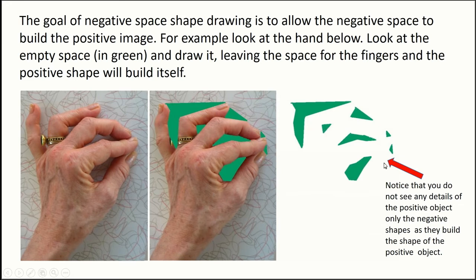Now notice that in the white area here, you're not seeing where the finger crosses over or touches the other finger or the knuckle here, because that would be drawing positively. We're really just drawing the shape of this negative area, the shape of this negative area in relationship to each other, leaving the positive space between.